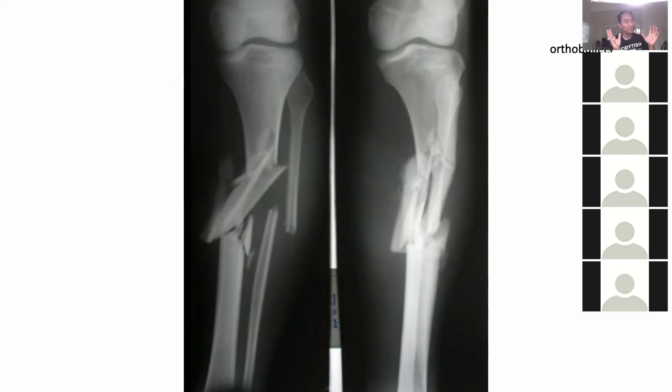We don't know the age, but we know that this person is skeletally mature, and in bits and pieces, what we call a multi-fragmentary fracture of the tibia and fibula. So this is the bone, tibia and fibula. Instead of going back to that previous, very simple, easy diagram, our knowledge has progressed.